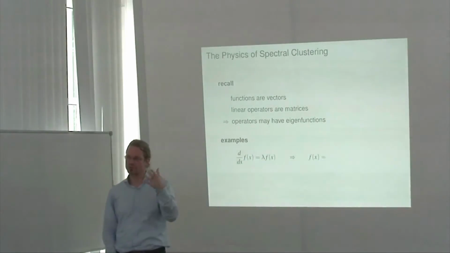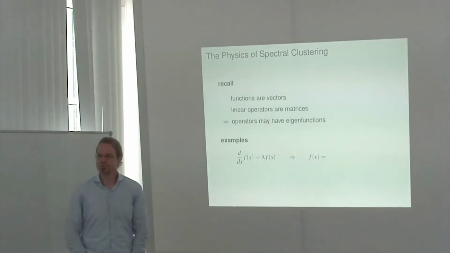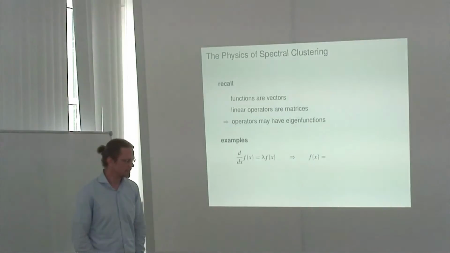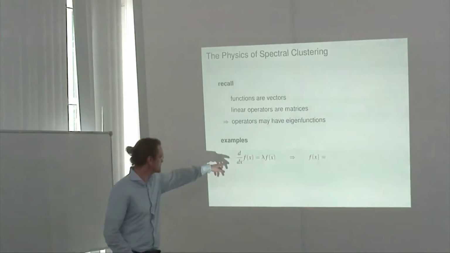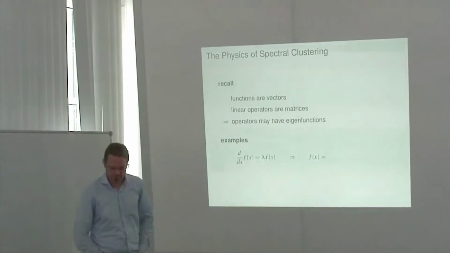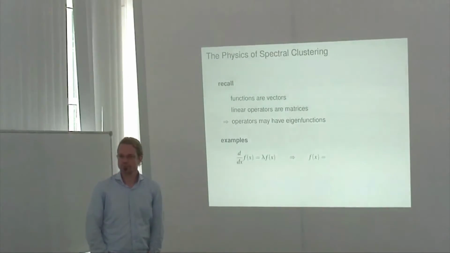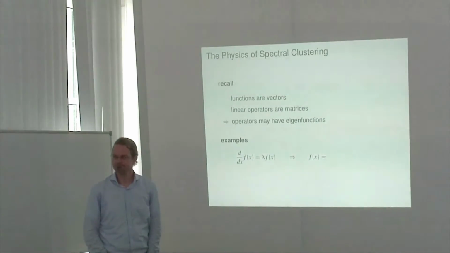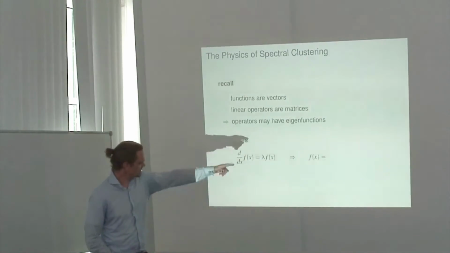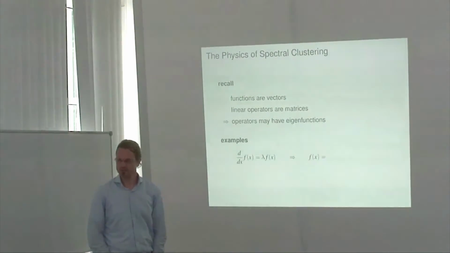Of course, we are now doing this with functions, which generalize vectors, and operators generalize matrices. But have you seen this before? You should have. What would I have to say f of x equals?